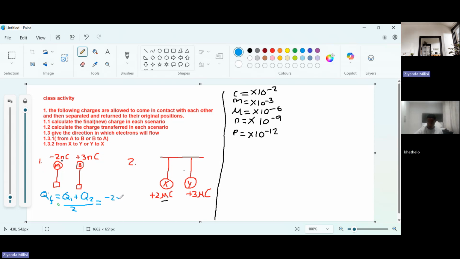We are still substituting: plus 3 times 10 to the negative 10.